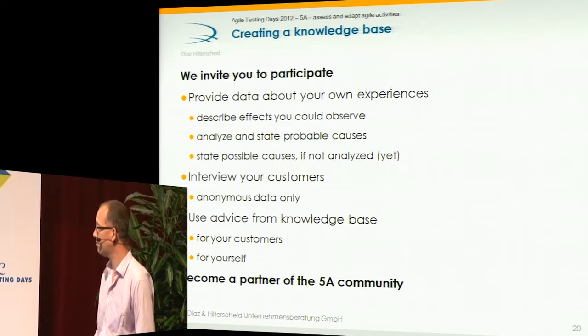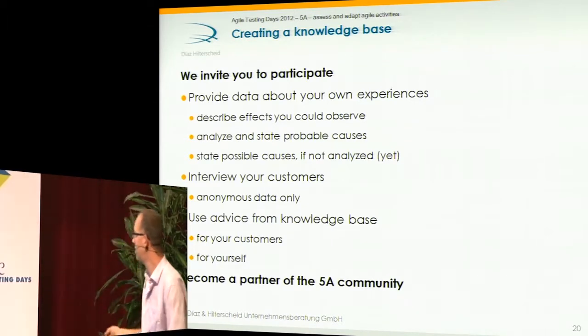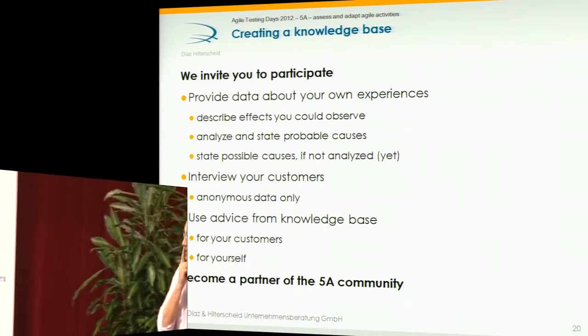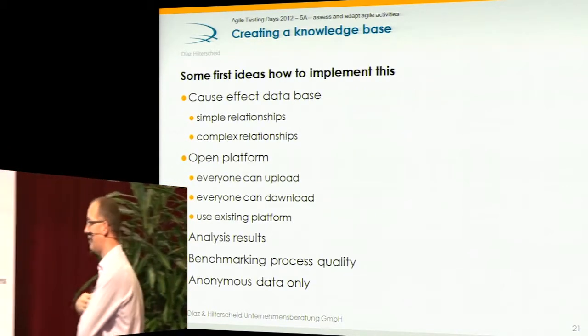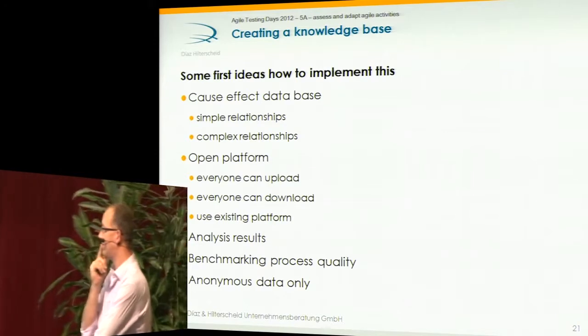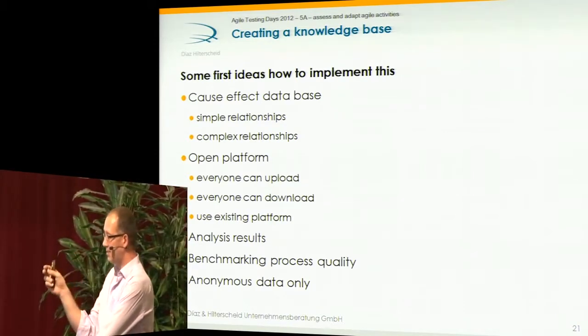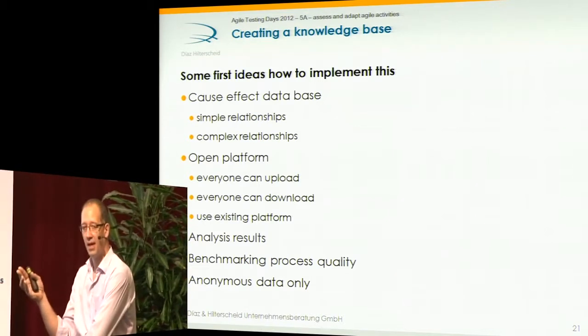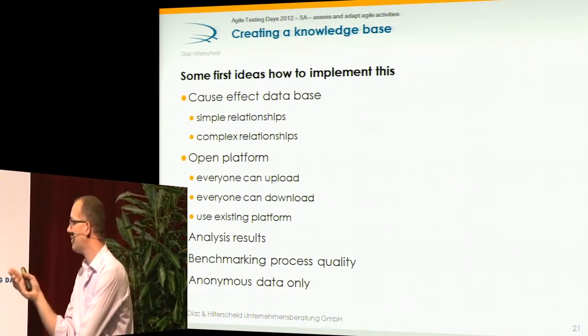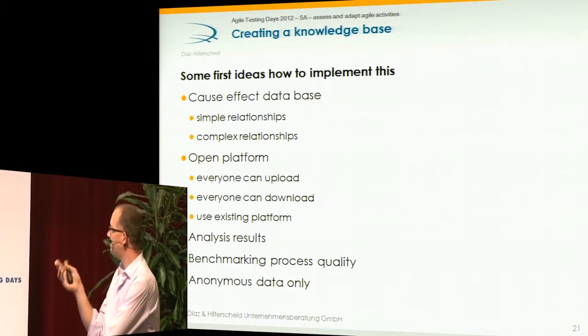There's another slide that shows some first ideas. Yes. Oh, look. It's a cause-effect database. That's a nice name. I couldn't have invented that one. So it's about the causes of the problems that Werner has presented to you, and about the effects that you can see. They are interrelated, but how?